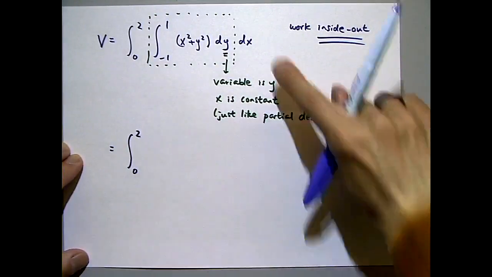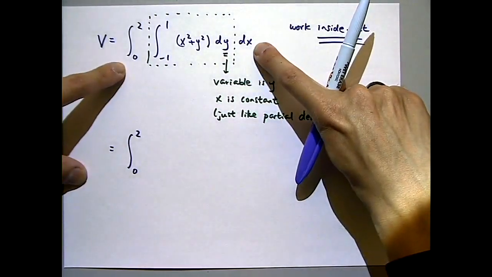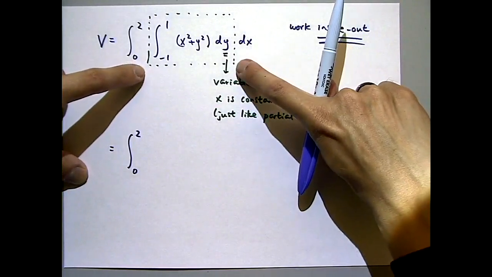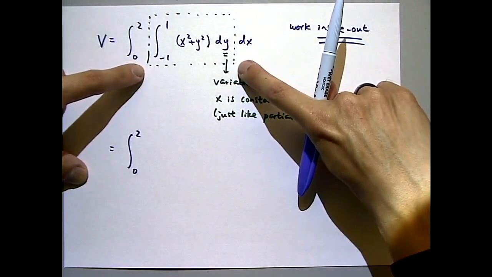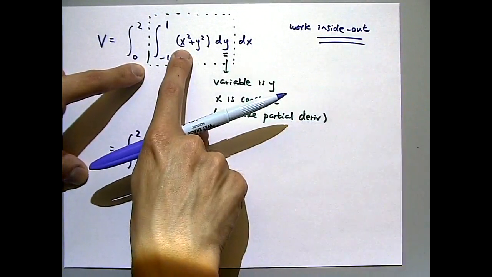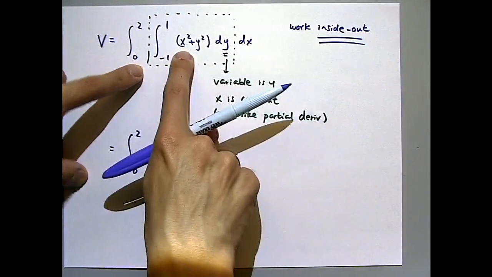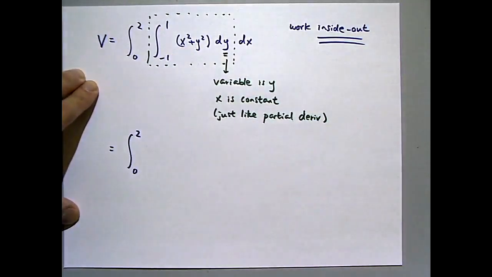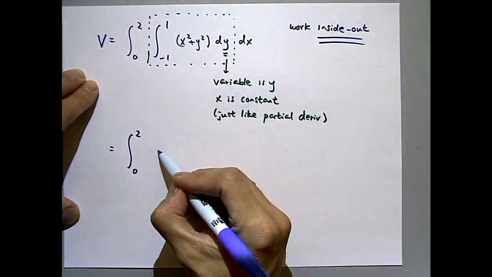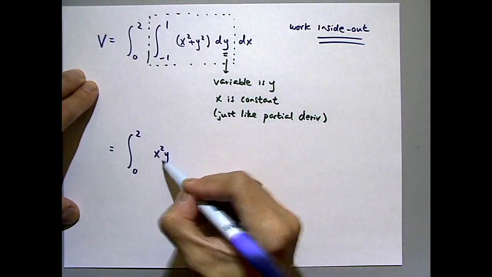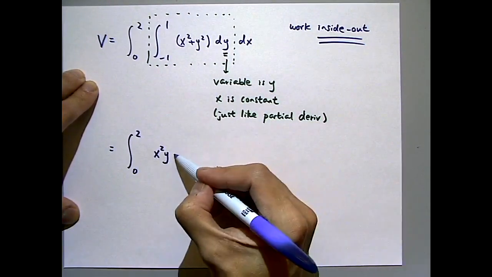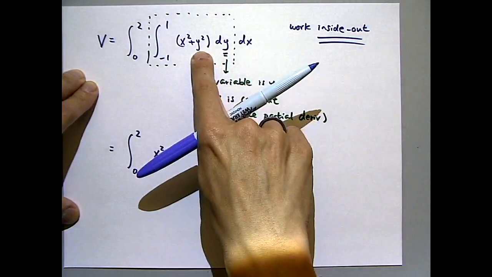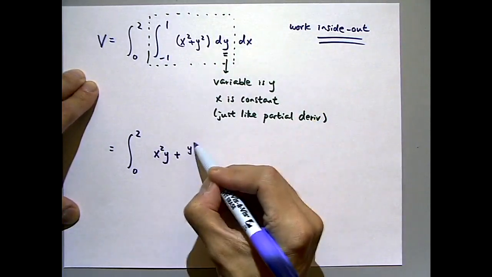We're not touching the outer integration yet. Let's just evaluate what's inside here. x squared is a constant, so this is like 2. If you integrate 2 dy, you get 2y, right? So here you're going to get constant times y. And then integrating y squared, we get y cubed over 3.